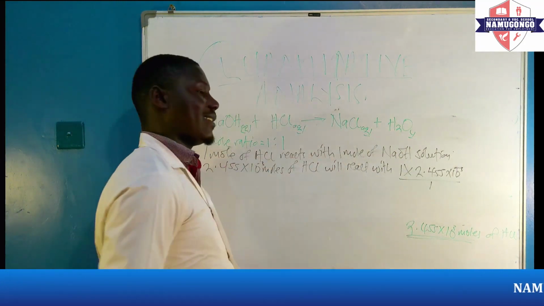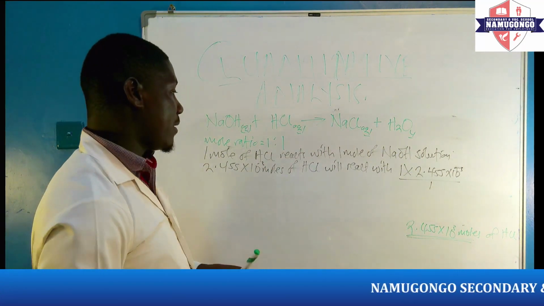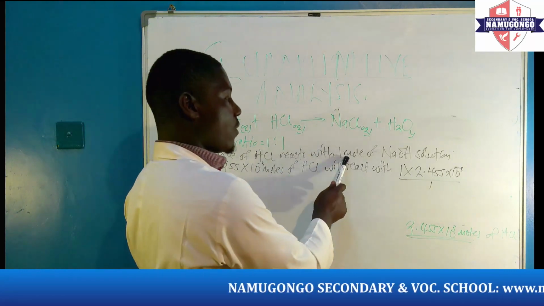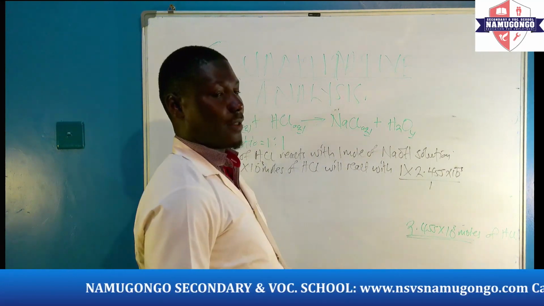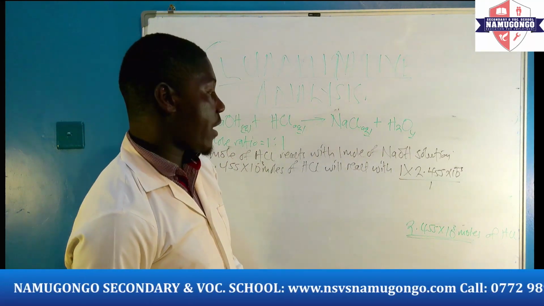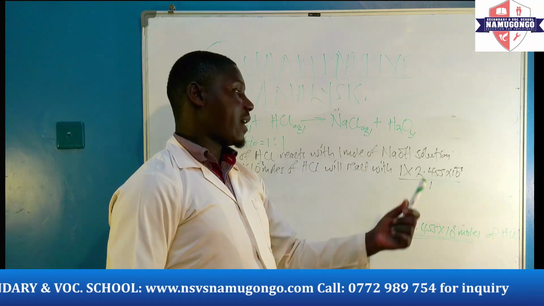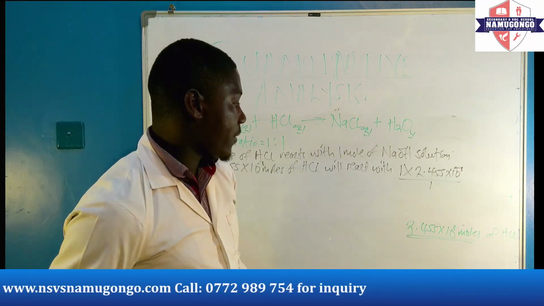In other words, you could not even do this step. You could have avoided it by merely saying if 1 mole of HCl requires 1 mole of sodium hydroxide, therefore, if these are the moles of HCl, similarly they are the moles of sodium hydroxide. Because when you multiply and divide with everything here, you come up with the same answer for the same value.